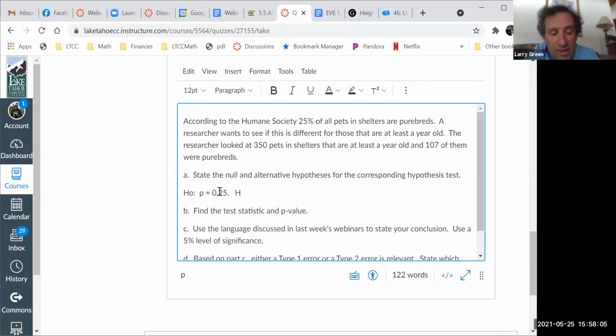And then we're going to have the alternative hypothesis, which I like to write as H1. And that's going to be P. Now what symbol do we need for this alternative hypothesis? What's the key word?